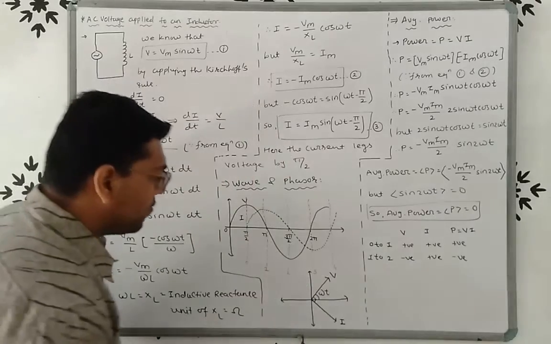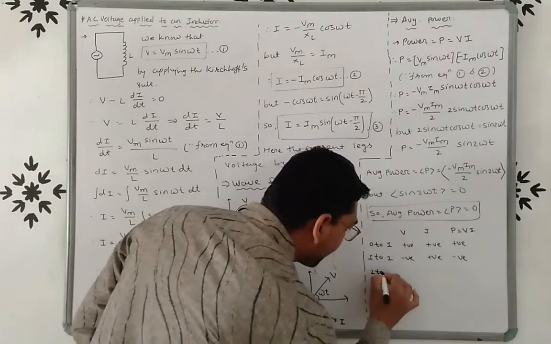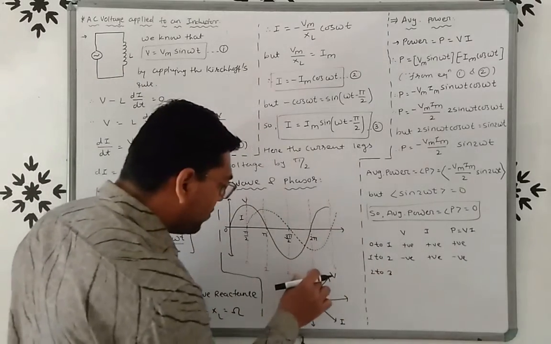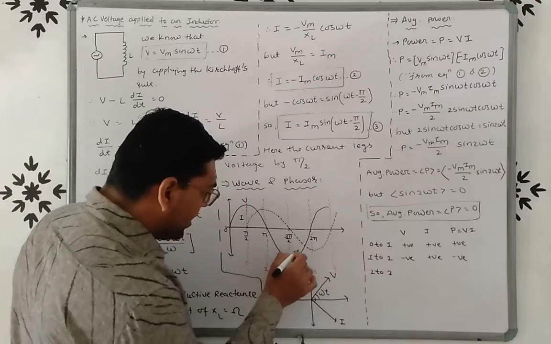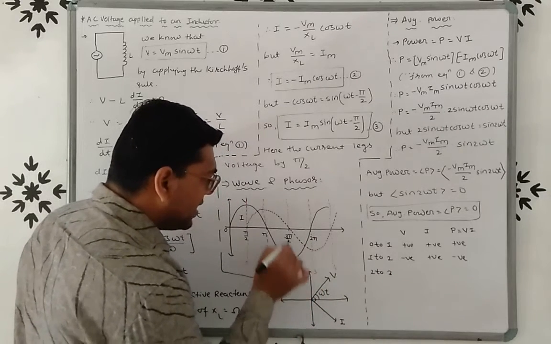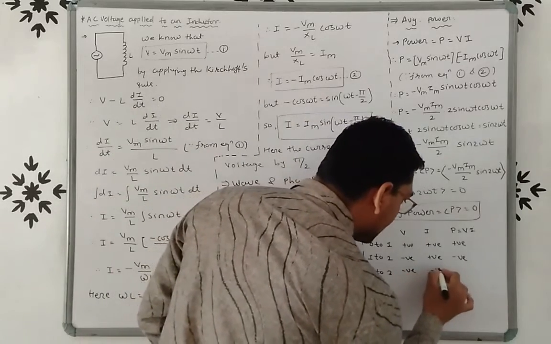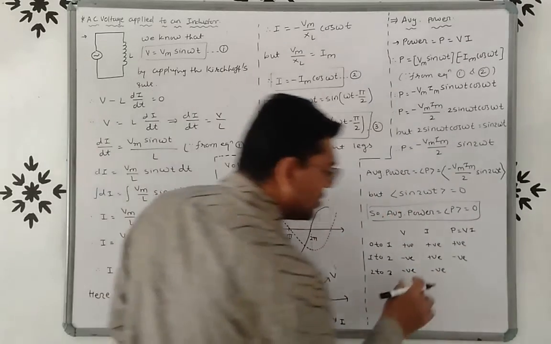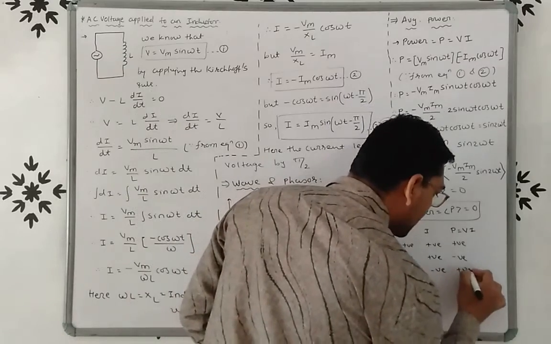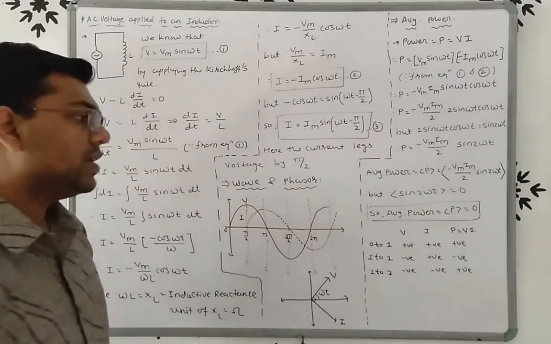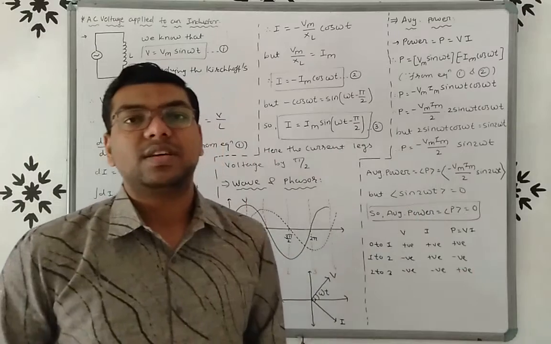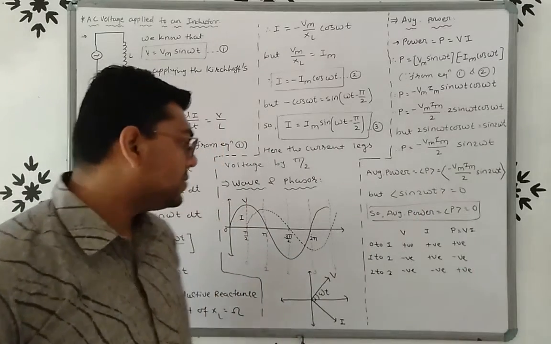Now, from 2 to 3, see the graph. Here voltage is below the x-axis and current is also below the x-axis. So voltage and current both are negative. So this product is positive. So in this case, once again, the energy is absorbed.